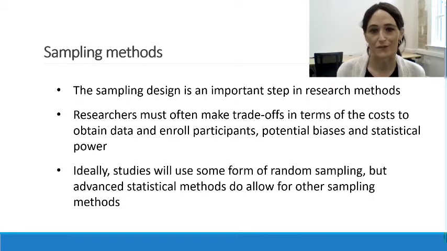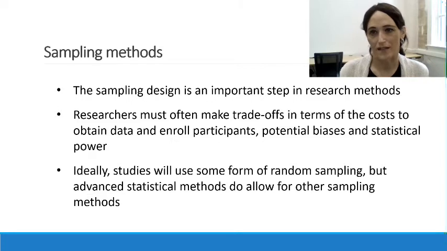Ideally, studies will use some form of random sampling, but advanced statistical methods do allow for other sampling methods. For example, there are certain health conditions where it may be very hard to get participation. I already mentioned IV drug use, right? So it may be hard to get a purely random sample of people who inject drugs. So there are other sampling methods.